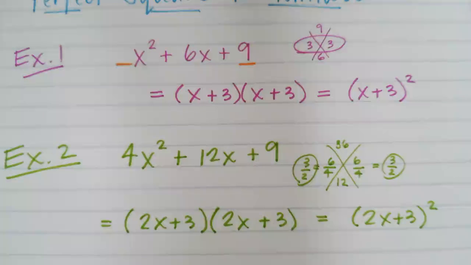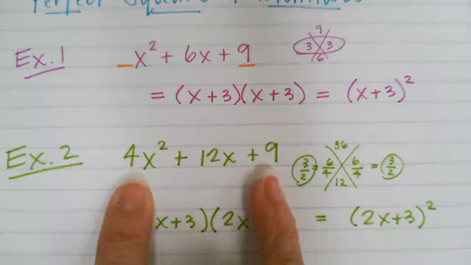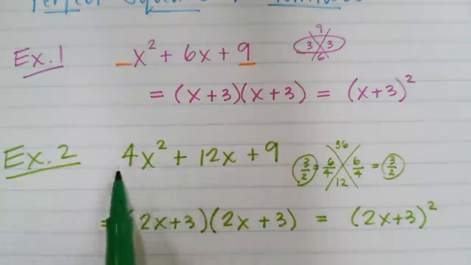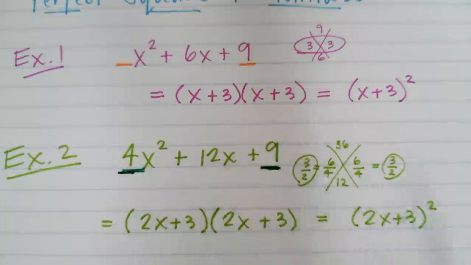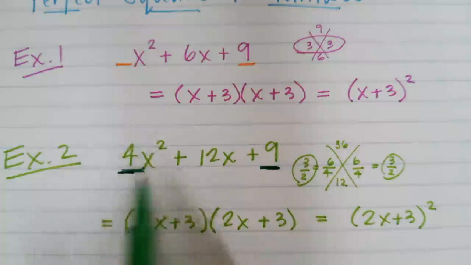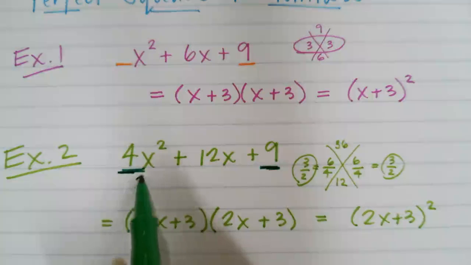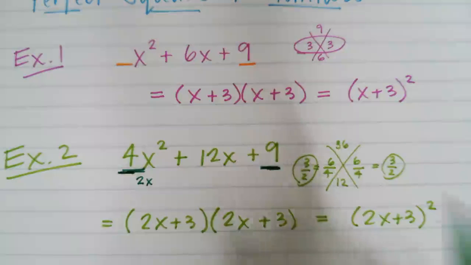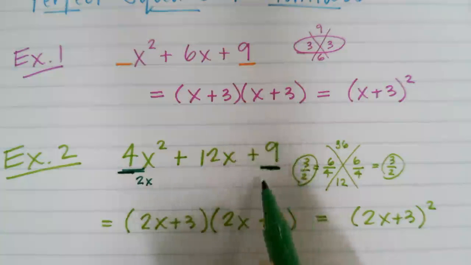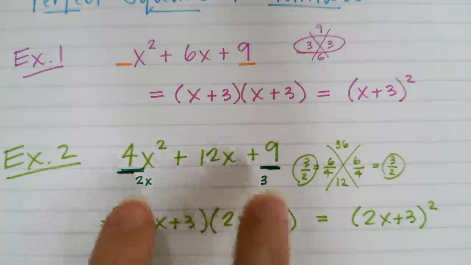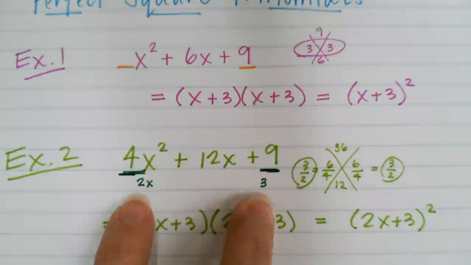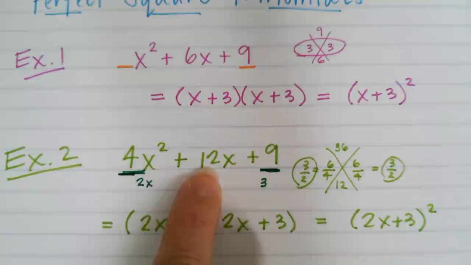So what happened here is that we have perfect squares right here. This is a perfect square, and this is a perfect square. The square root of this is going to be 2x, and the square root of this is 3, and those two times 2 would be the middle.